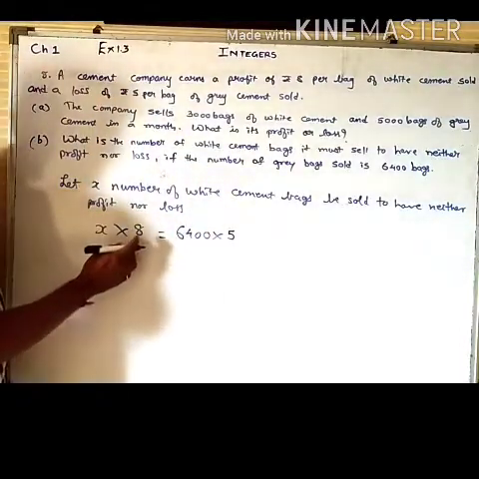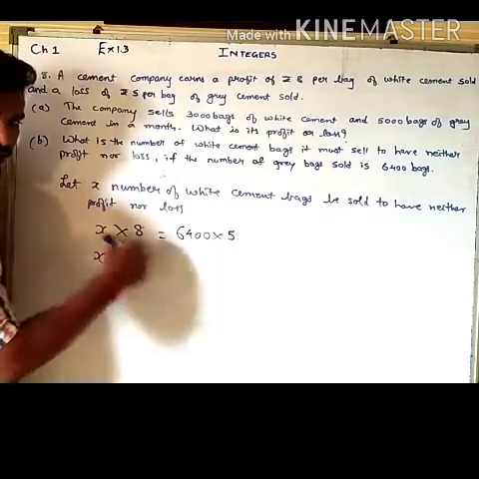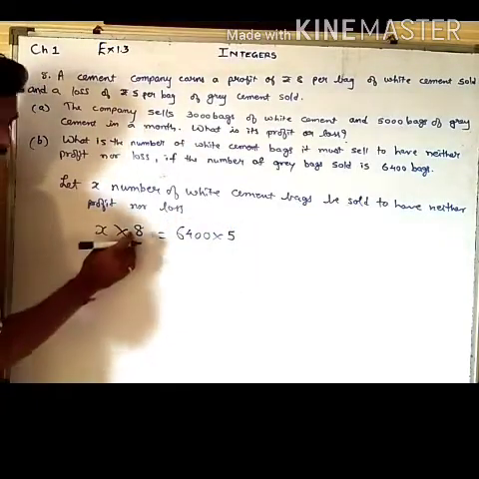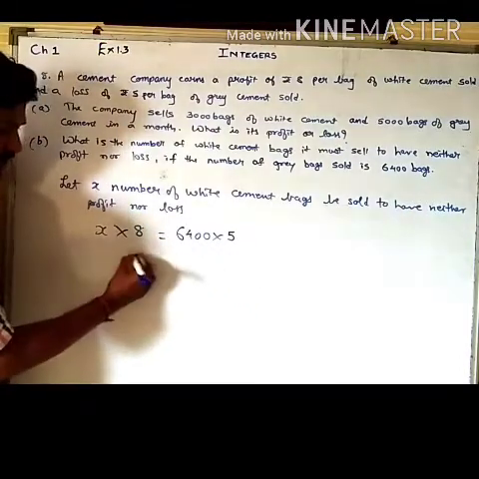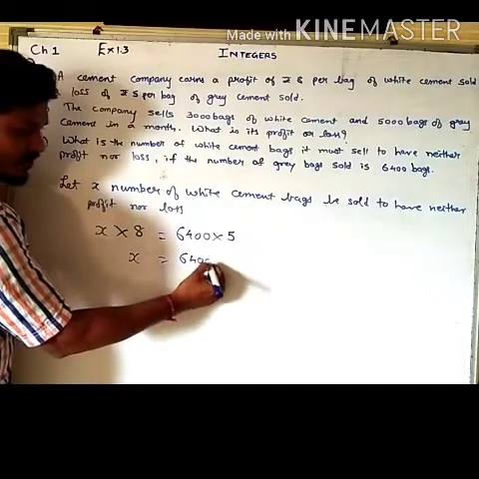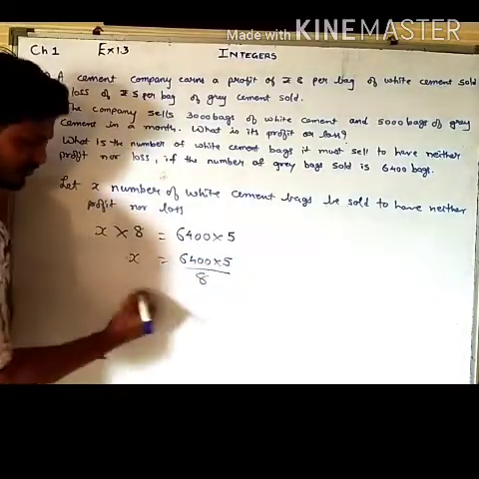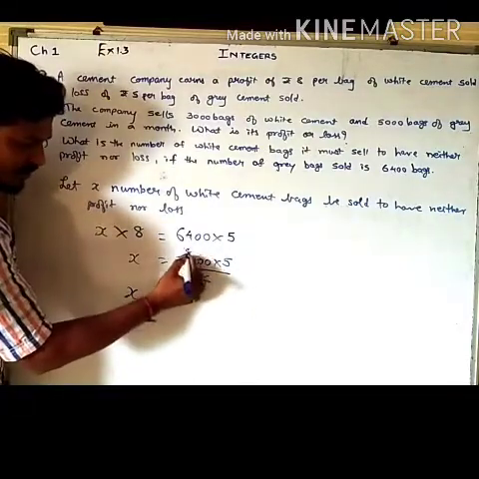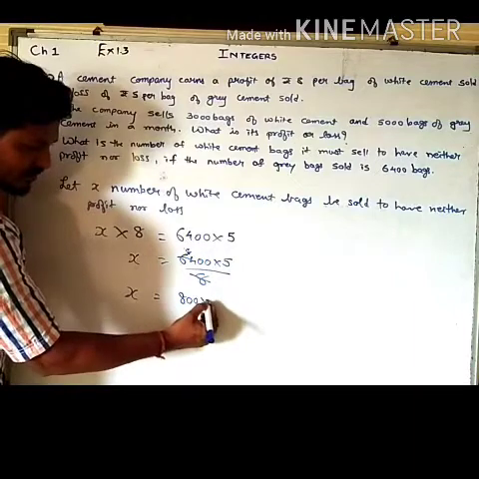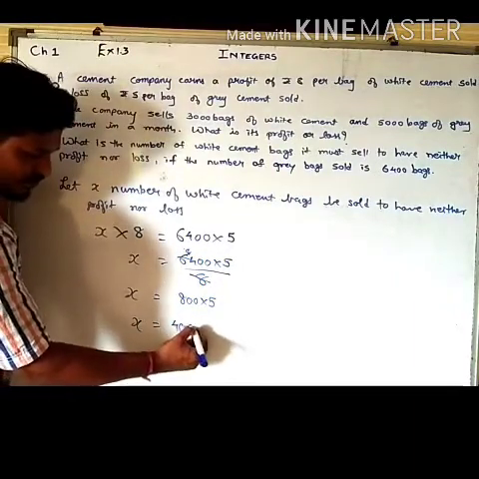Either divide by 8 on both sides, or transpose 8 to the right hand side. If it is in multiplication, it will go in division, as you know. So 6,400 and 8 will come down. 8 8s are 64, that is 800. 8 5s are 40 and 2 0s.